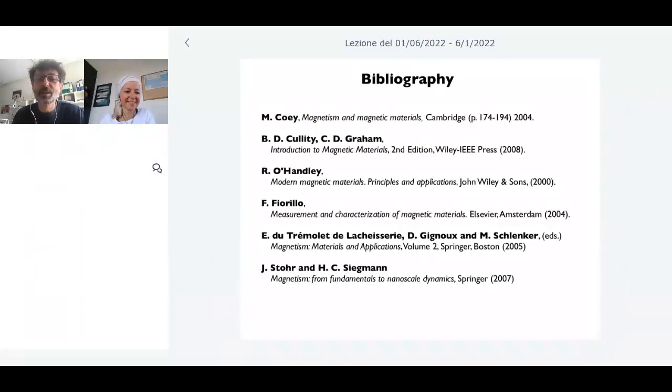So there is a lot of attention, even if this is just the basis. There is a lot of attention on the topics related to electronic transport and magnetism nowadays. So we try to give at least a couple of hours on this, even if we know that it's strongly incomplete.